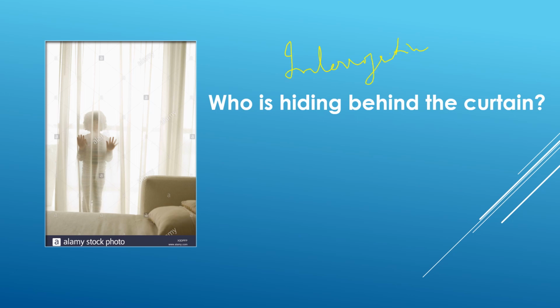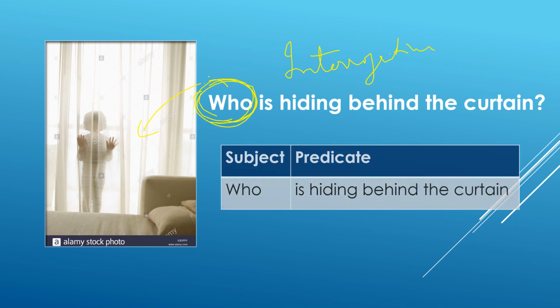If I give the answer, the girl is hiding behind the curtain. So "who" is used for the girl, so "who" becomes our subject. Who is the subject, and is hiding behind the curtain is our predicate.